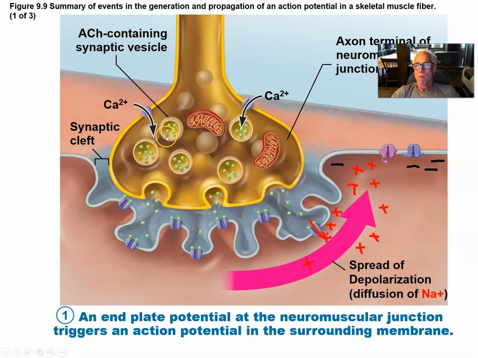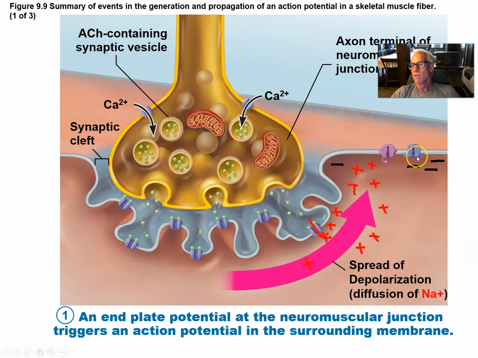Okay, so we'll back out a little bit and see what the big picture looks like, at least bigger picture. Sodium ions are entering through these open acetylcholine receptor channels and depolarizing the neuromuscular junction. Those ions then diffuse to the perimeter of the neuromuscular junction.